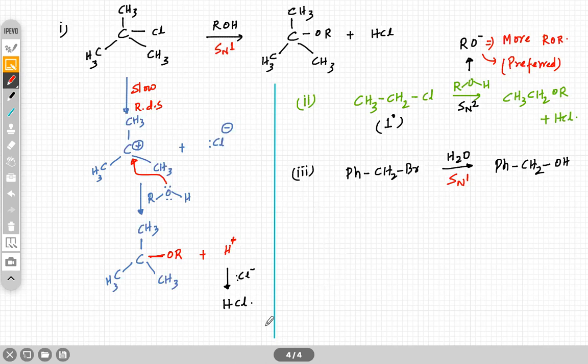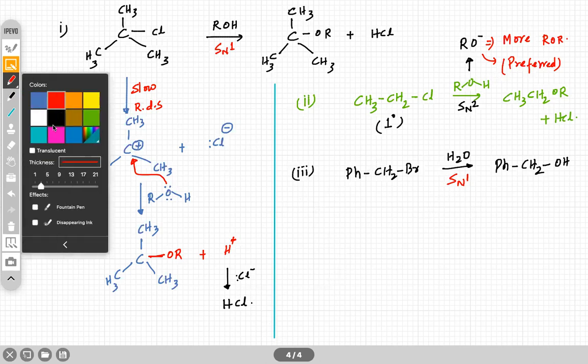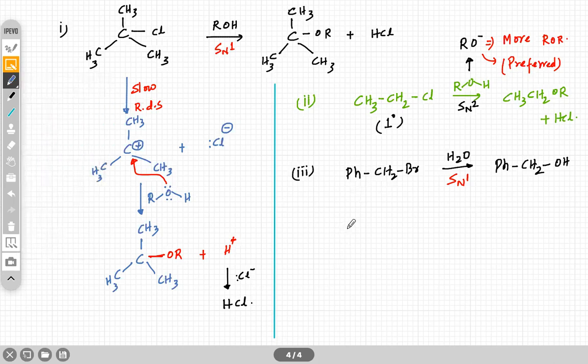Now this mechanism you see here is Sn1. Why is it Sn1? Because of this molecule we have, Ph is the phenyl ring, the benzene ring, and on the benzene ring we have CH2 and Br.